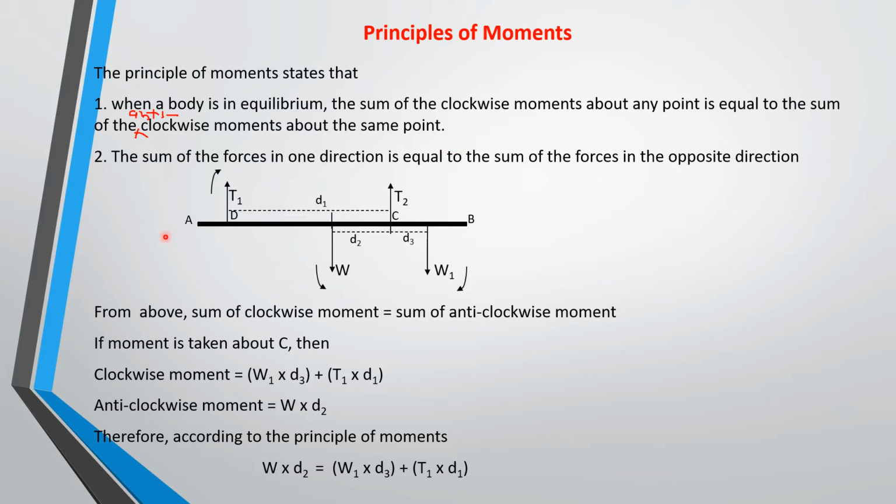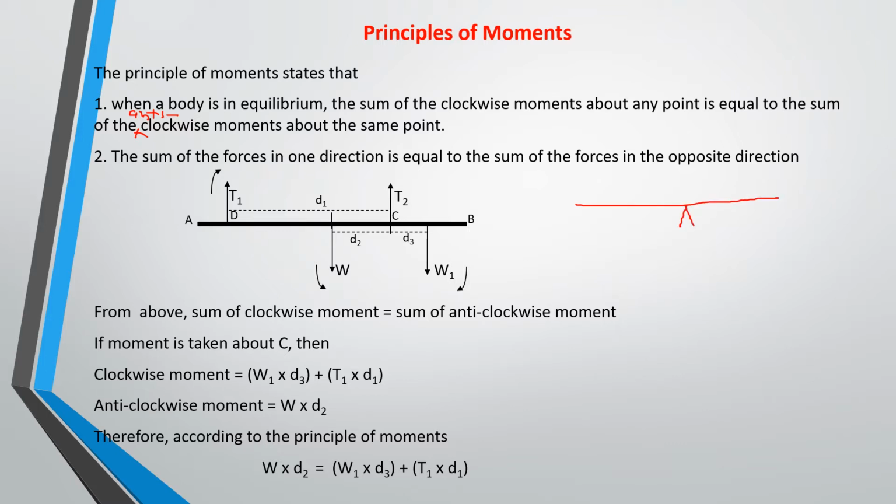So basically, if this body is in equilibrium, what they are telling you is that the sum of the clockwise moments, this is clockwise moment and these are anti-clockwise moments, are equal. So even if I decide to represent this as a simple rule first, let me just do something like this.